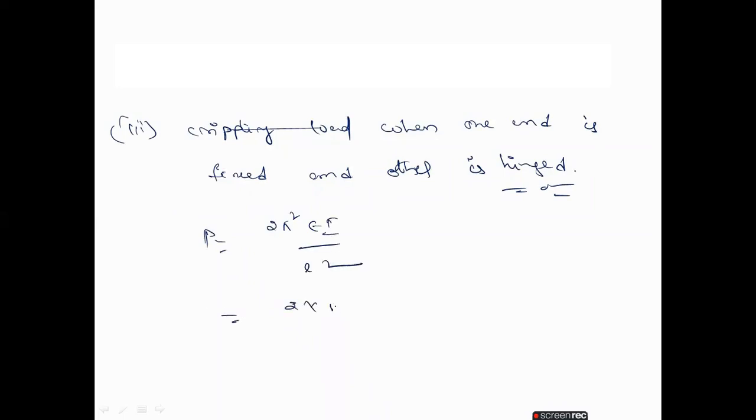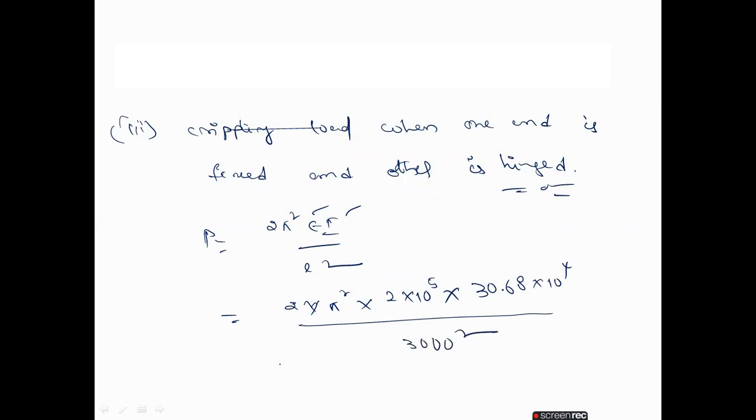So 2 into pi square into E, the Young's modulus, we know already 2 into 10 to the power of 5. I is the moment of inertia, 30.68 into 10 to the power of 4, by L square, 3000 square. Once you calculate this, I will get around 134.576 kilonewton. So this is the formula.